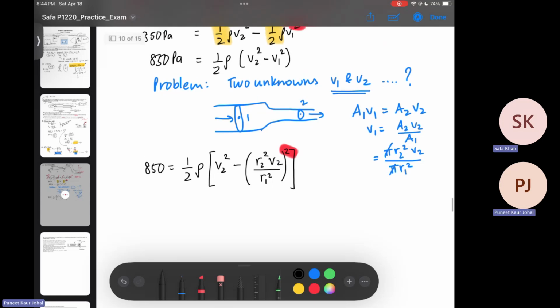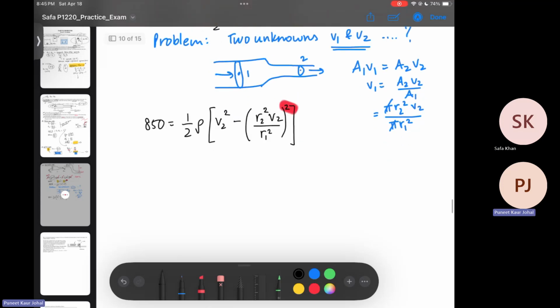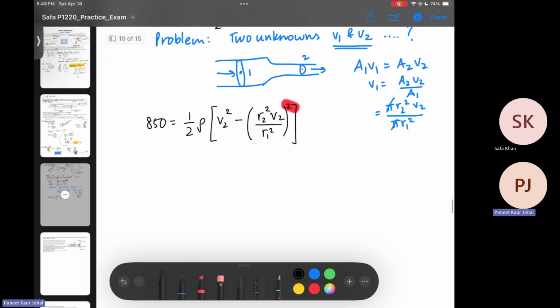They did it a bit differently in the solution paper, so I'm sort of confused. I think it's just rearranging. Let me just rearrange so it looks similar. First of all, what you can do is just move the 2 to the other side with the pressure.